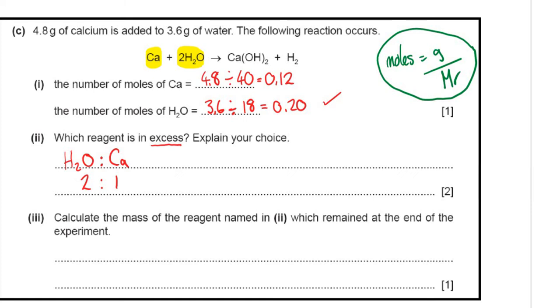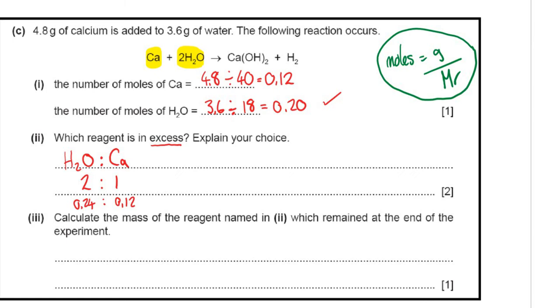So have we got 1 mole of calcium? No, we have 0.12 moles of calcium. So 0.12 moles of calcium needs 0.24 moles of water. Have we got 0.24 moles of water? No. We have 0.2 moles of water.